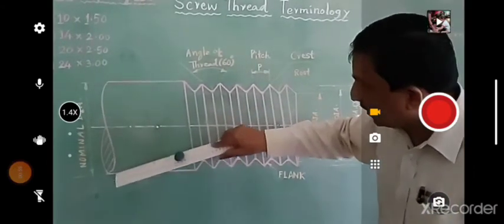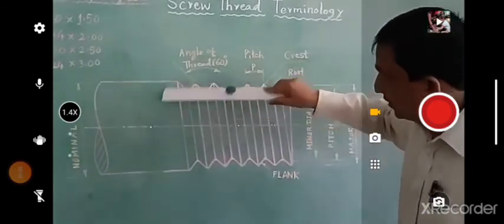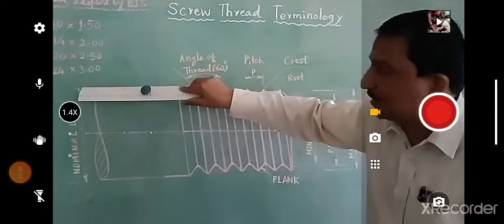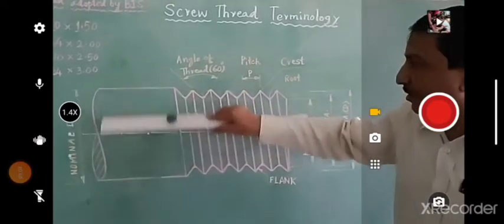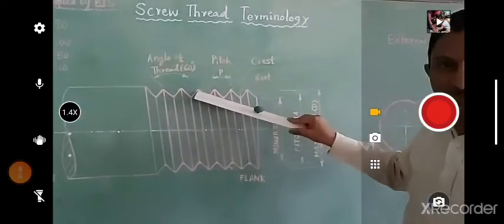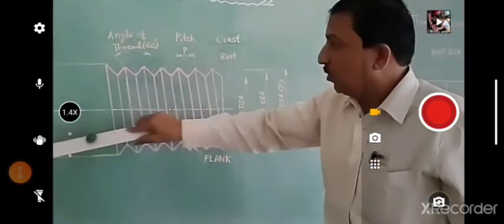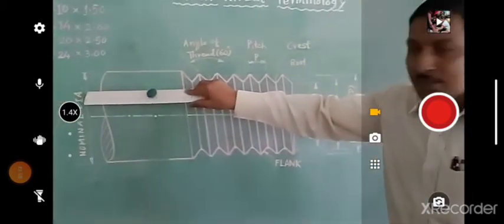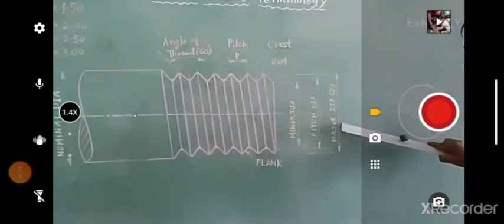Whatever the diameter is here, it is the nominal diameter, meaning the diameter of the shaft or the component on which we are going to make the threads. So always it will be more than the major diameter.